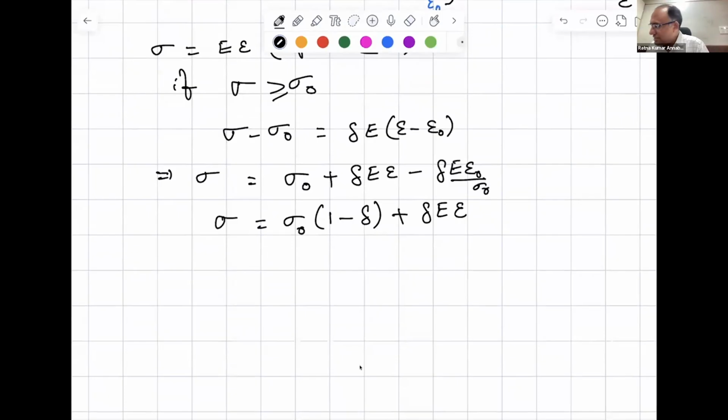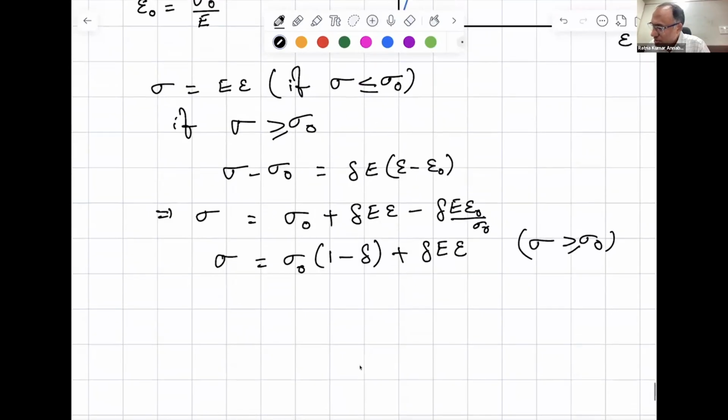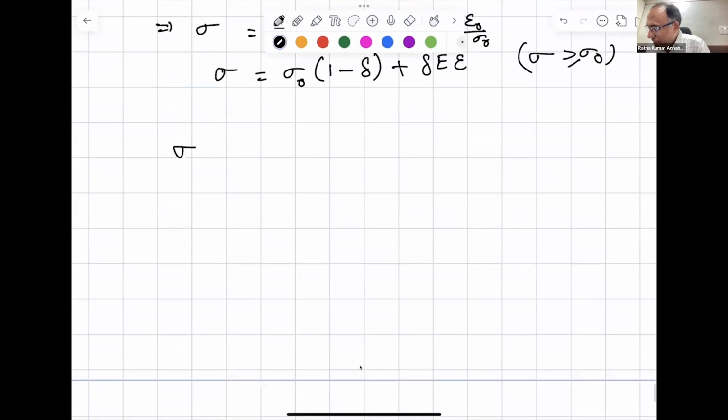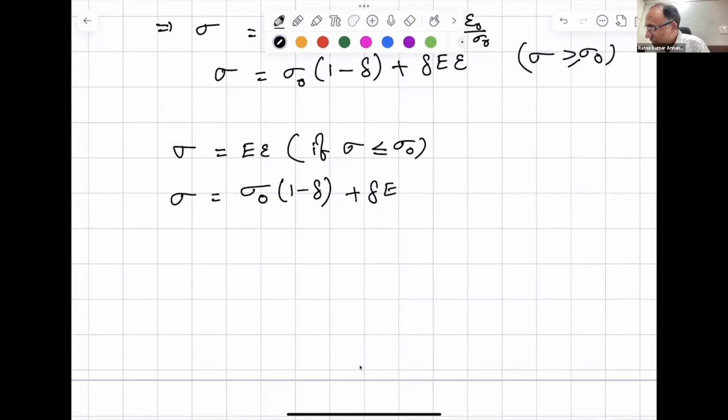That is my stress if sigma is greater than or equal to sigma naught. There are two conditions, so I can now put them together. Sigma is equal to E times epsilon if sigma is less than or equal to sigma naught. Sigma is equal to sigma naught into 1 minus delta plus delta E times epsilon if sigma is greater than or equal to sigma naught.